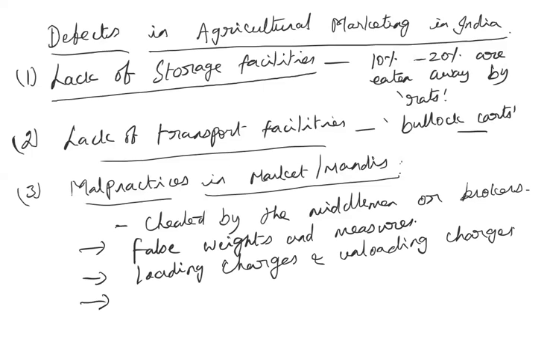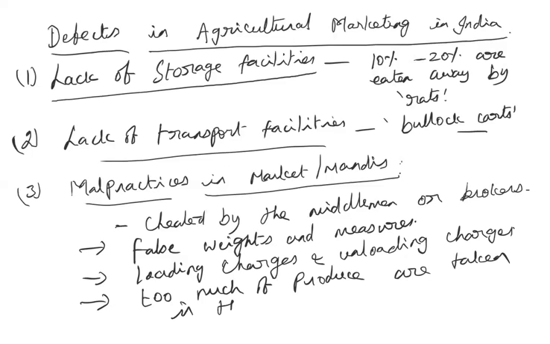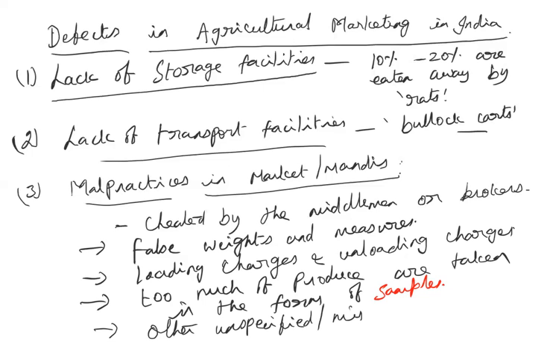Another thing these brokers do is take too much of the produce in the form of samples. Apart from that, there are so many other unspecified charges, or what you call miscellaneous charges.